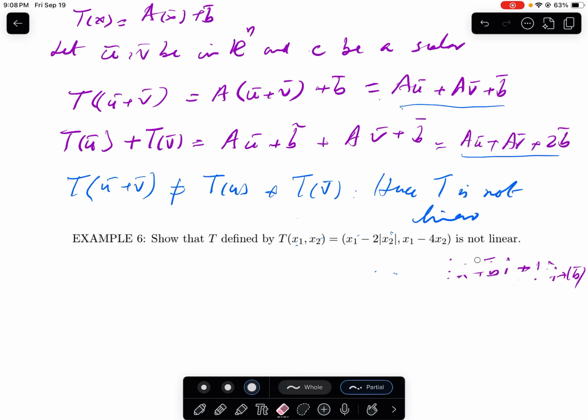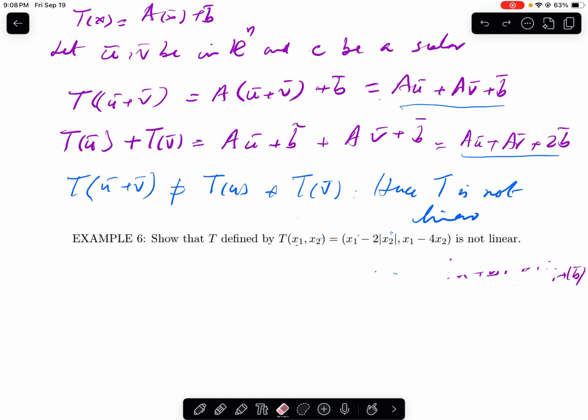So the condition is that the absolute value of a plus b is not equal to the absolute value of a plus the absolute value of b, in general.